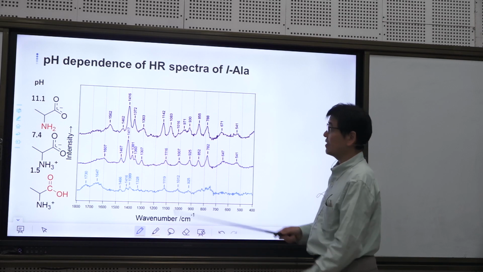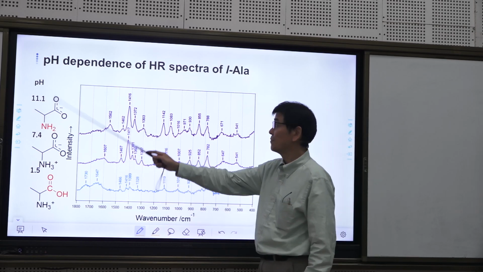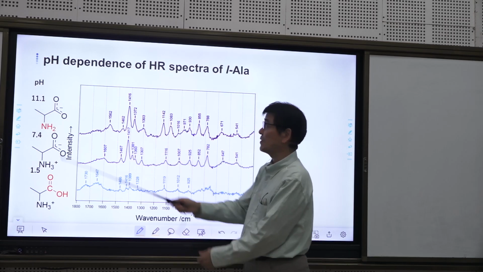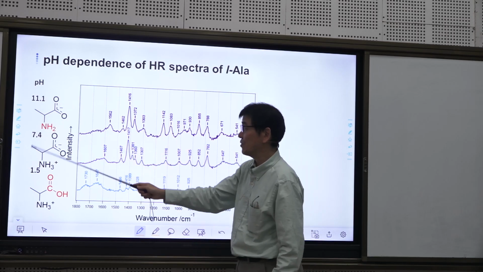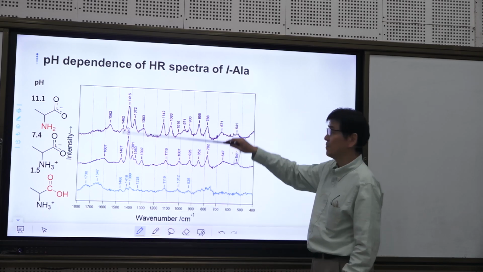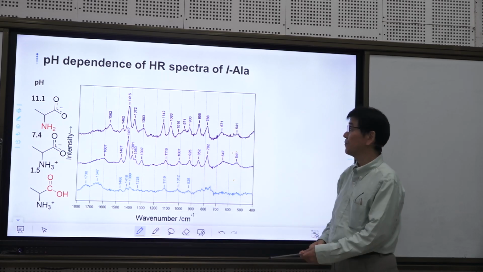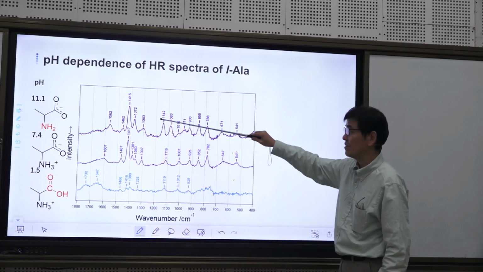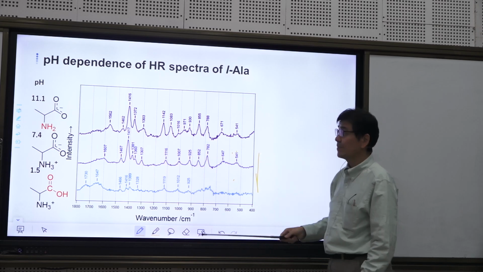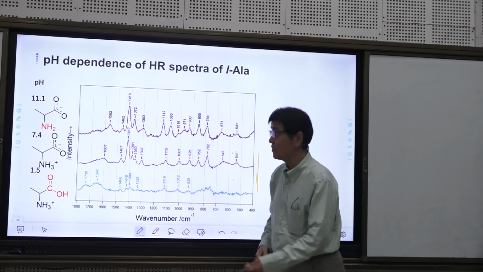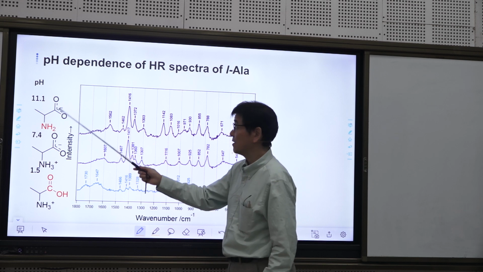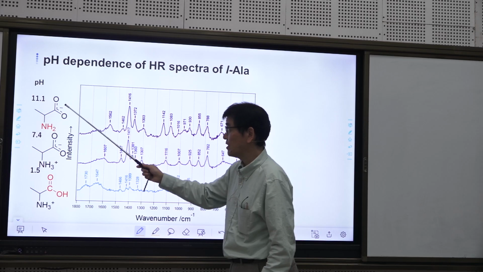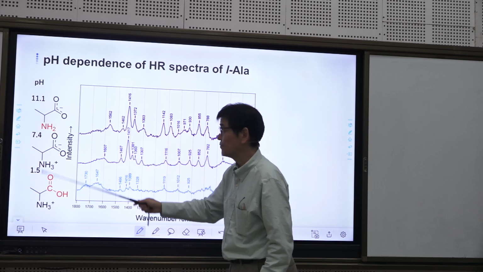Then I change the pH value. I prepare 3 samples at pH 11.1, 7.4, and 1.5. Then the appearance changed in a pH-dependent manner. It is expected because alanine has 2 ionizable groups, COOH and NH2.